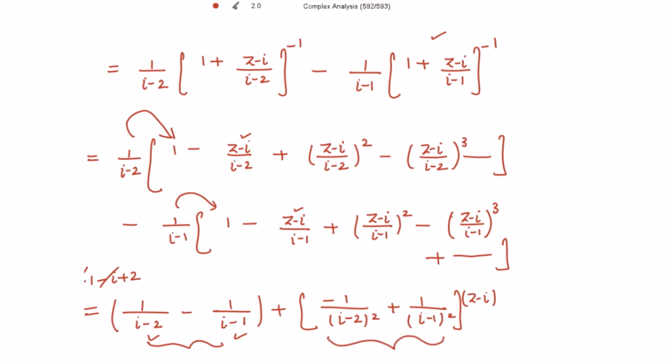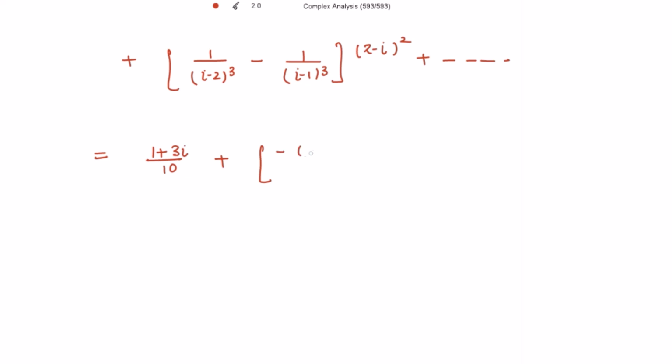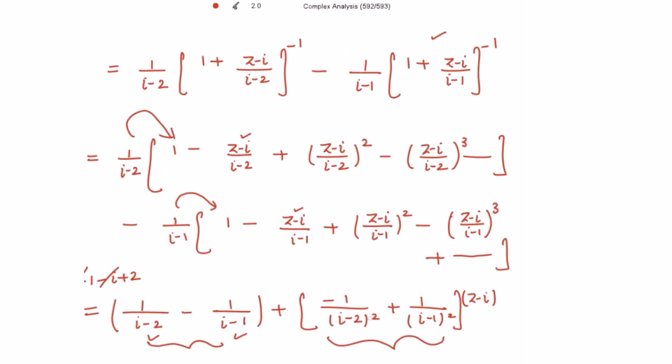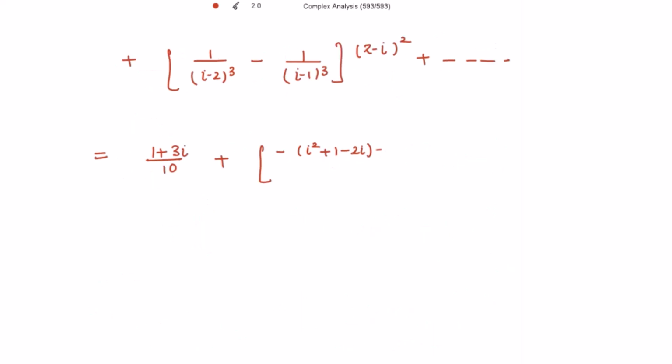Evaluating the second term, this is negative of iota minus 1 whole square. So a square plus b square minus twice ab. Then we have plus iota minus 2 whole square.